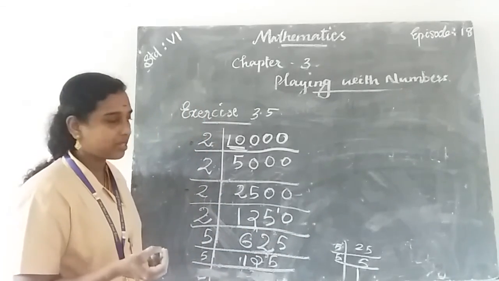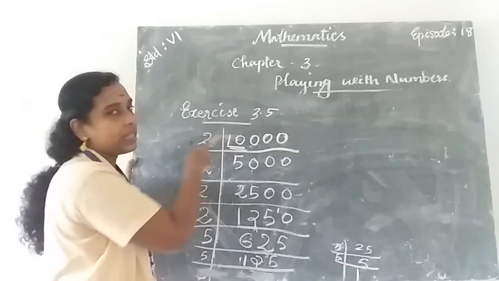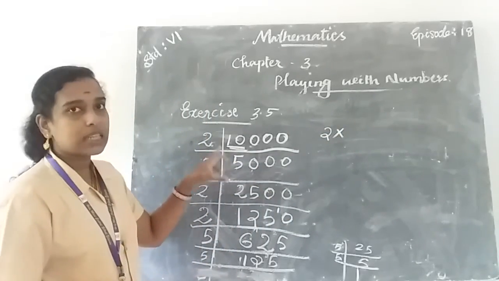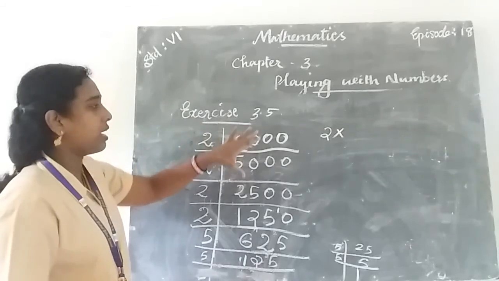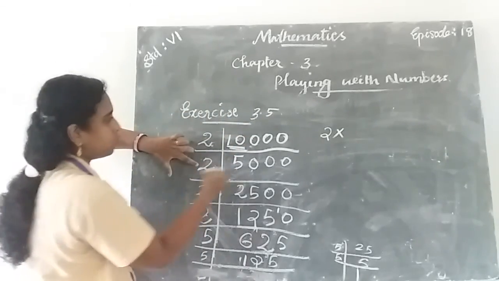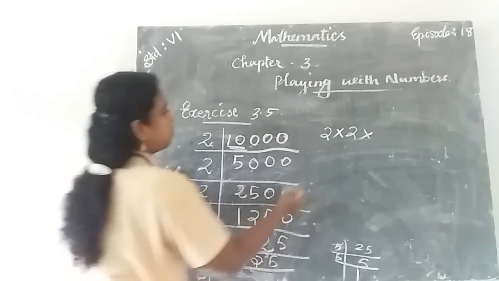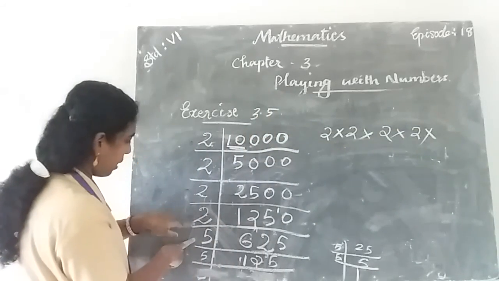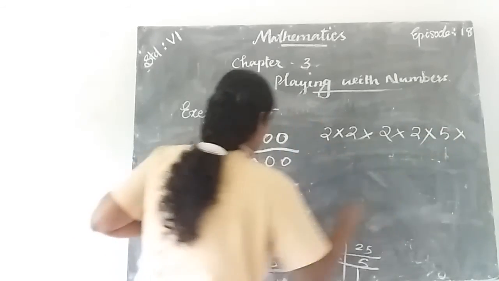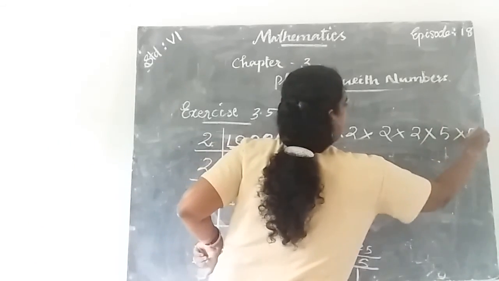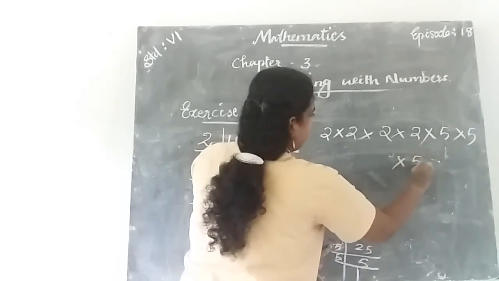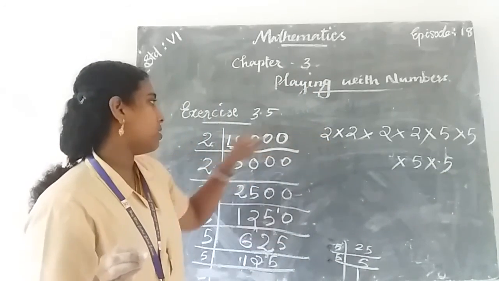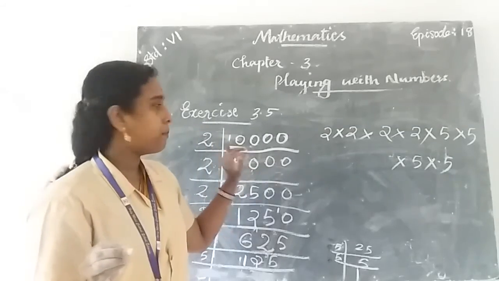This is the prime factorization of the smallest 5-digit number, that is 10,000. 2 and 5 are prime numbers.